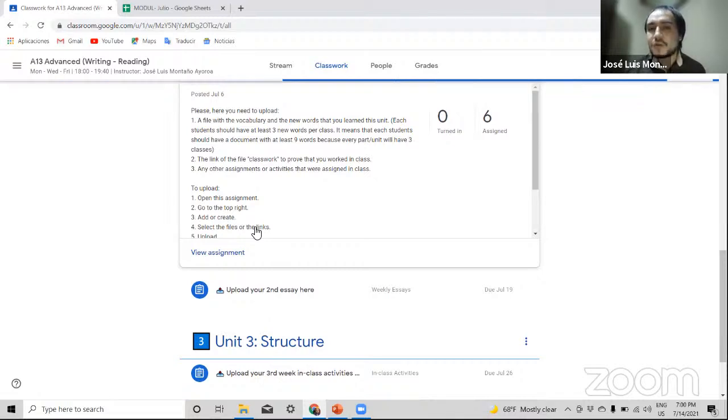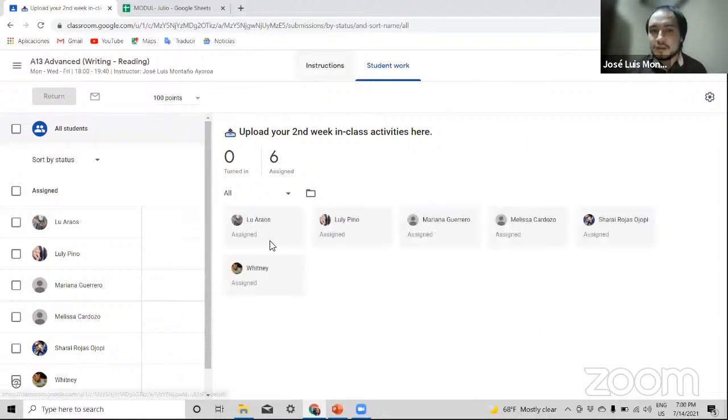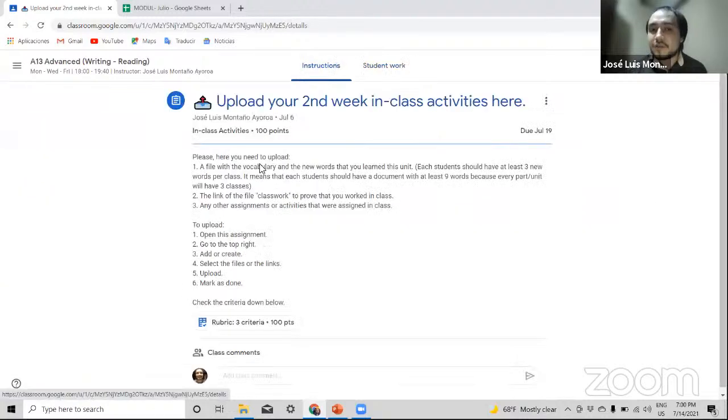And of course, in the link, you show examples, right, that we were working in class. That's it. That's everything you need first week. So the vocabulary with the 9 words and the 9 definitions in English, and the link of the file with all the examples that we worked on in class. And with that, you have 100 points.